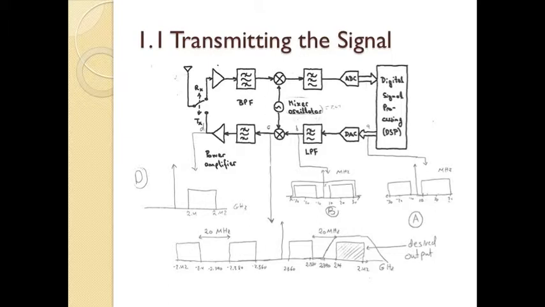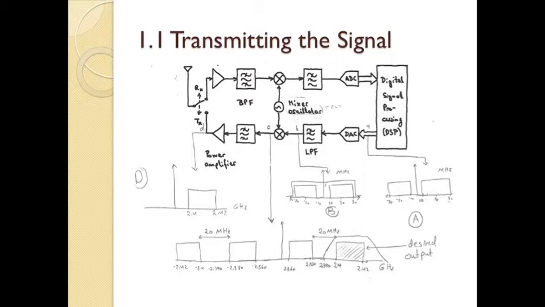These two signals will go through the low-pass filter, and the low-pass filter will eliminate any other signal or noise in the system. Then it will go through the mixer oscillator, which has a frequency of 4.21 GHz.